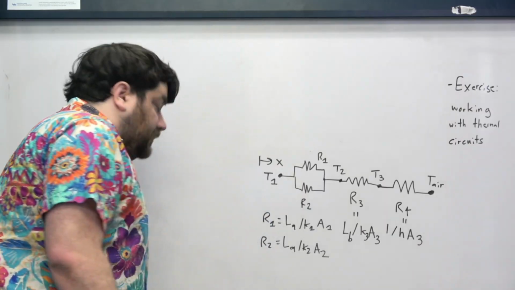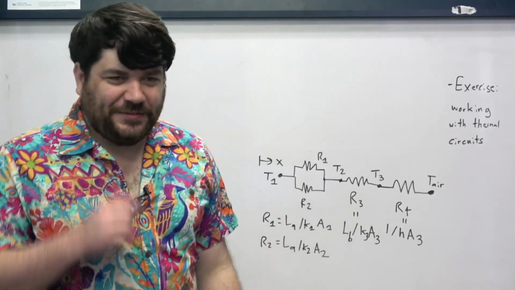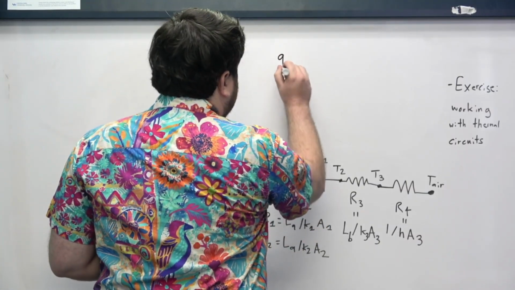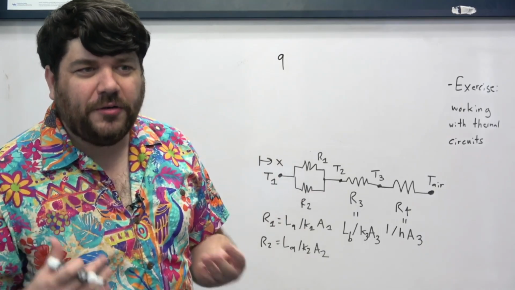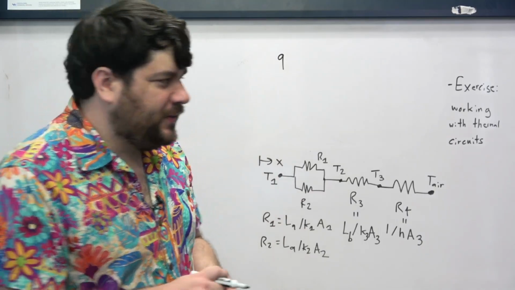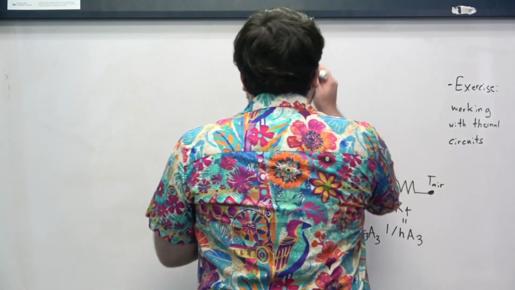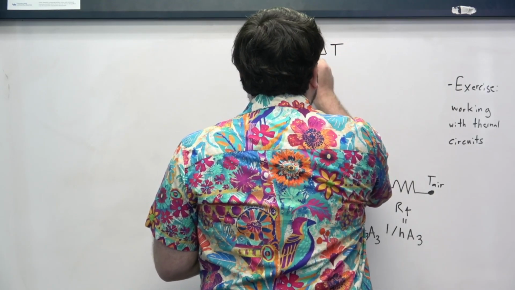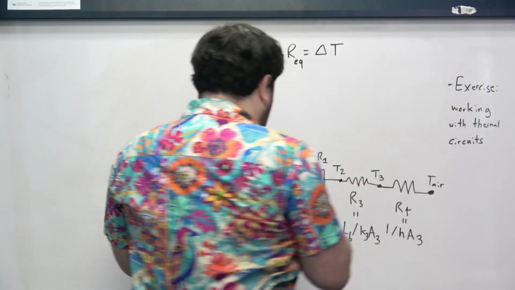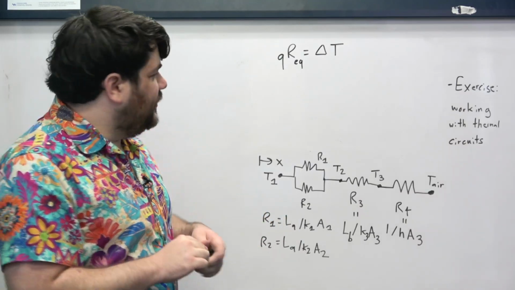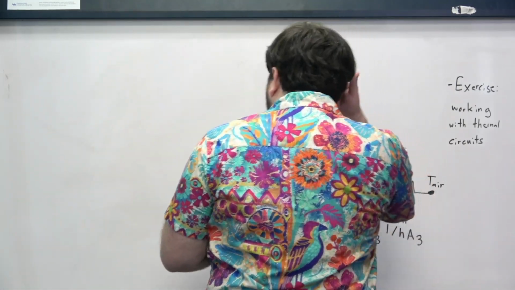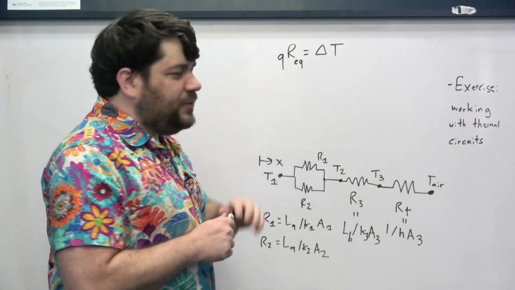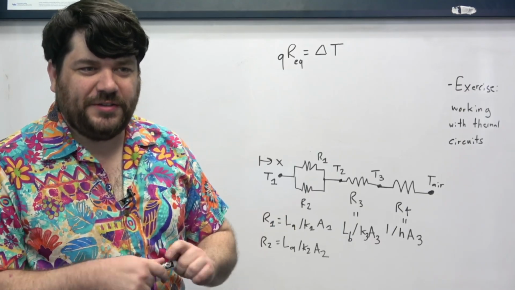Now, what is the general process for solving thermal circuit problems? The general process is just to say that as long as we are dealing with a system where all of the assumptions of thermal circuits are satisfied, we are going to get that Q times R is equal to delta T. And the idea here is to say that this thermal resistance that I'm defining is the equivalent thermal resistance.